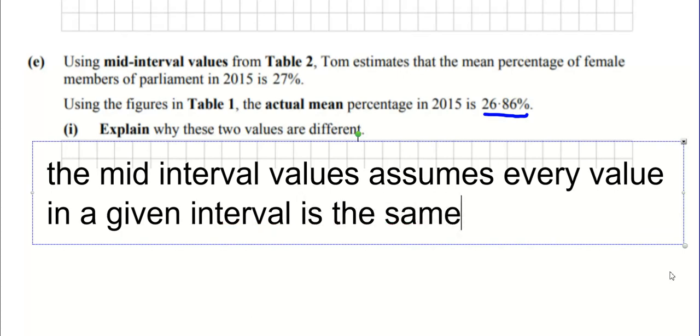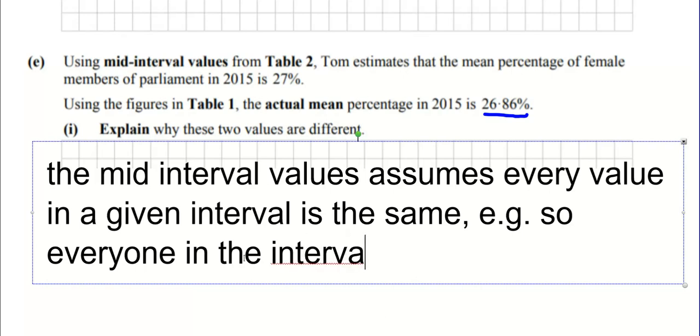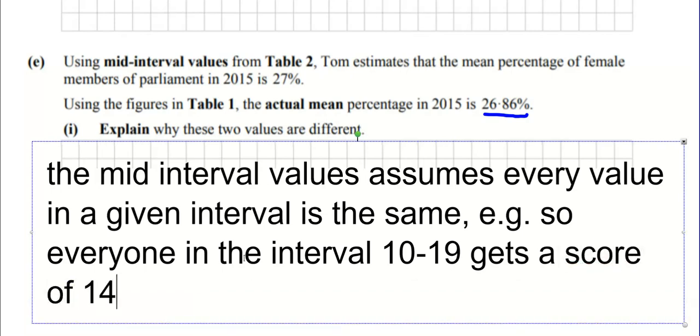So, for example, everyone in the interval 10 to 19 gets a score of 14.5.